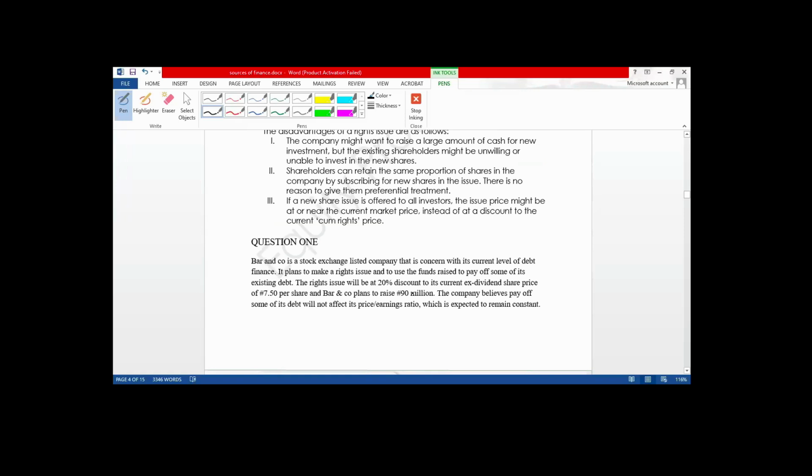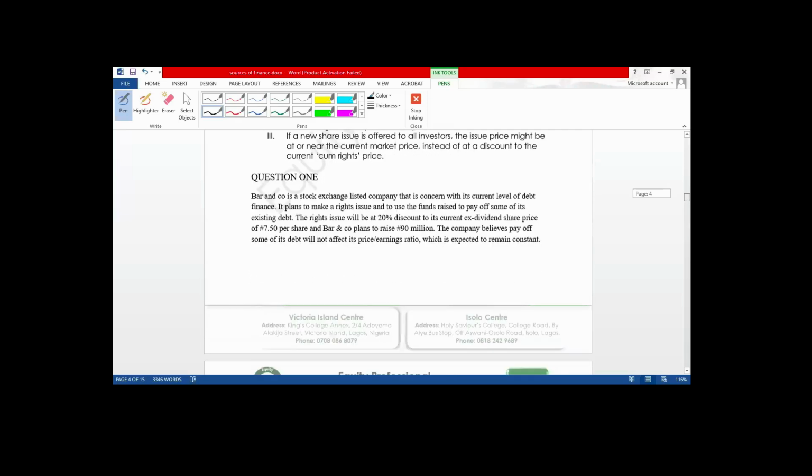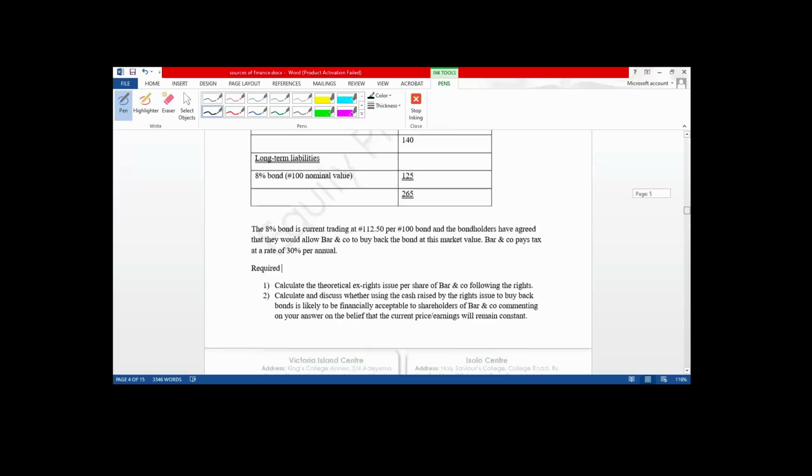You are going to discount 20% from the current share price of 7 naira 50 kobo. Discount 20% from 750, what do we have? 6 naira. 6 naira, thank you.